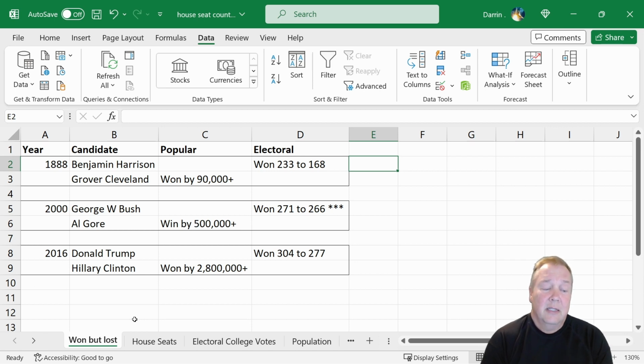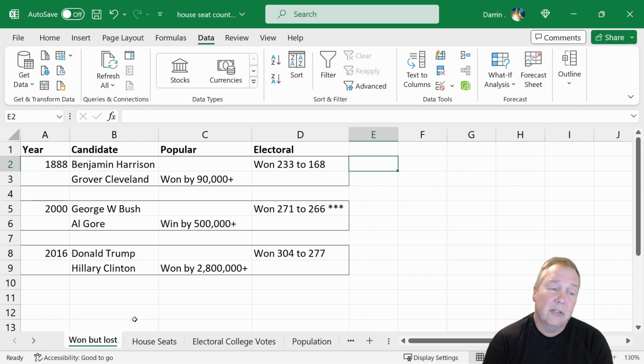So, is the system perfect? Well, we have three cases here where you had somebody with a majority of electoral college votes, less, did not win the popular vote out of 59, which is about 5%.